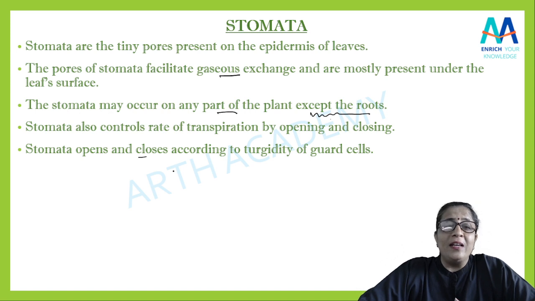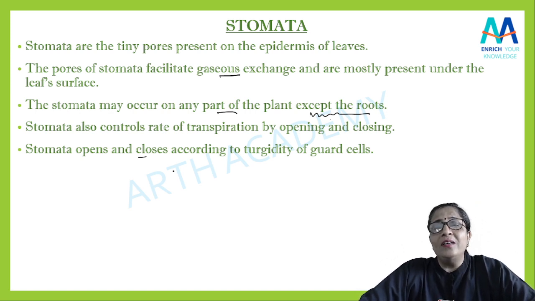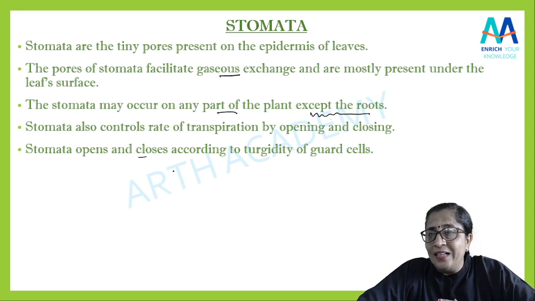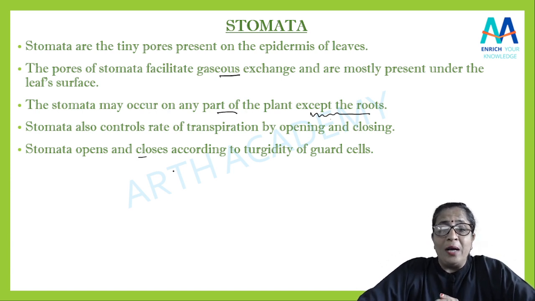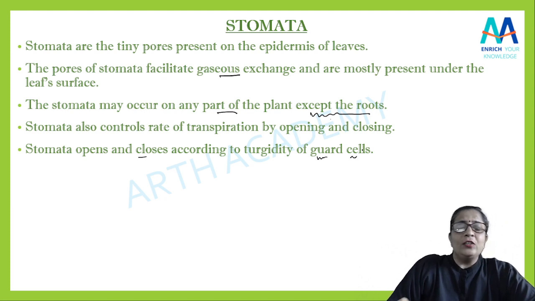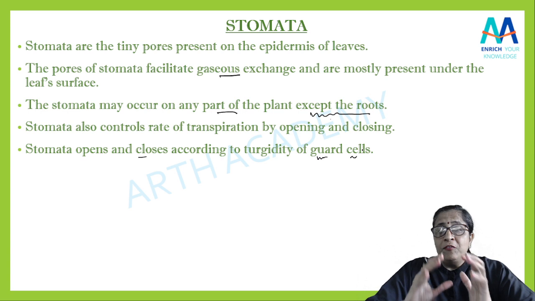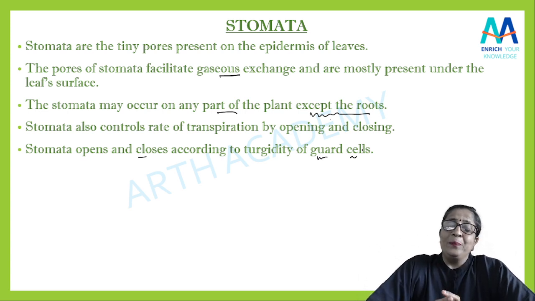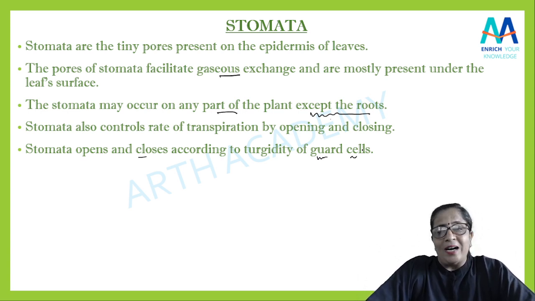It opens and closes according to turgidity of the guard cells. Now there is one more term I am telling, guard cells. Guard, chowkidar, isn't it? So there are some cells which are surrounding that stomata, and those cells are called guard cells.